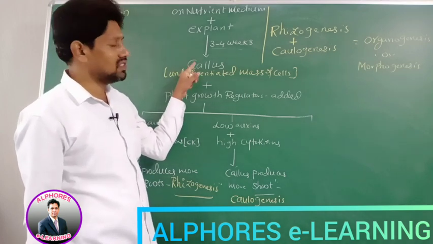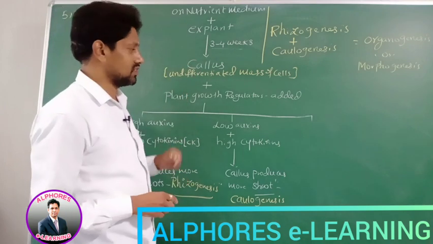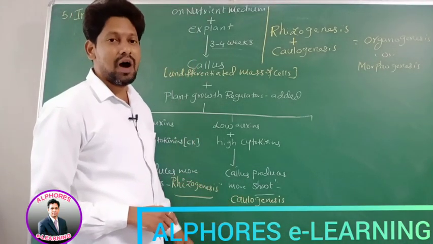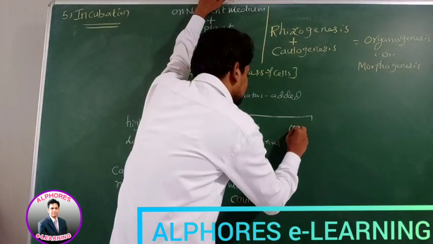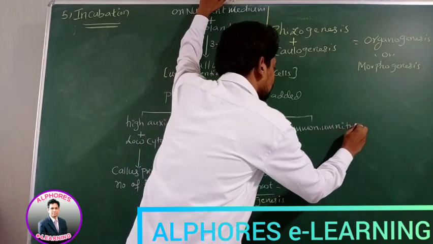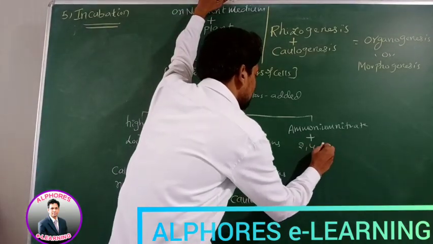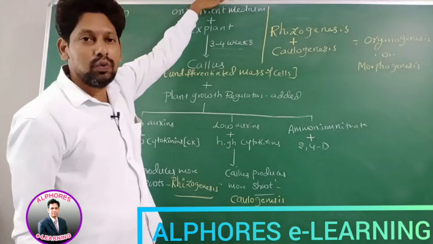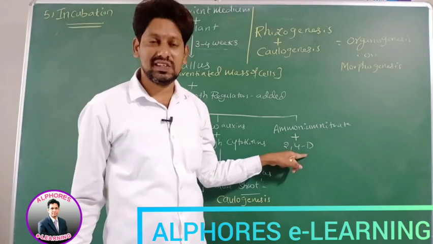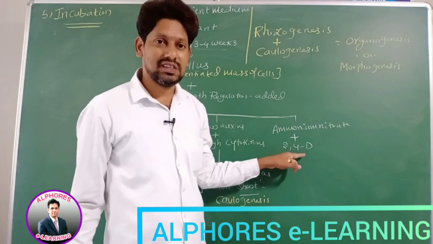When embryo-like structures are produced, if we add ammonium nitrate and 2,4-D, what is this 2,4-D? 2,4-dichlorophenoxyacetic acid.